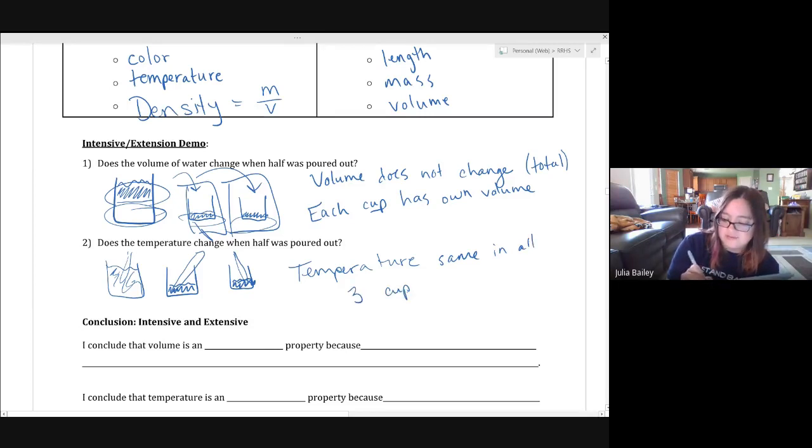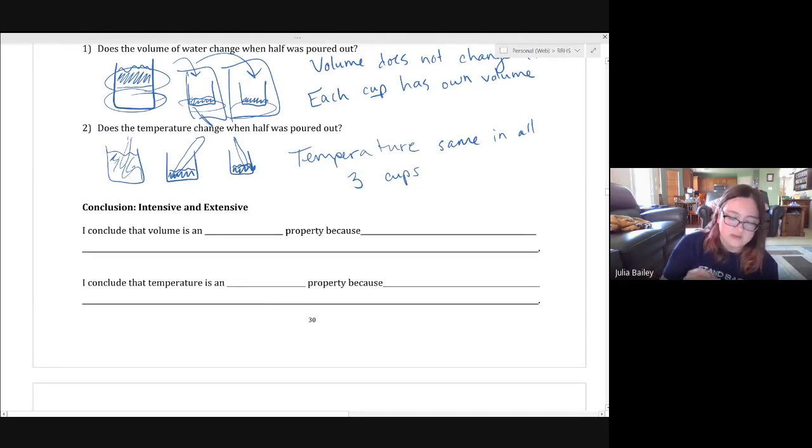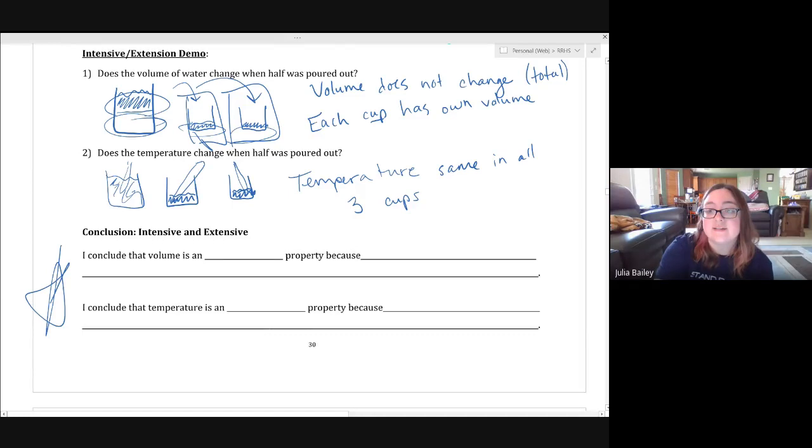How much you have does not change what the temperature is. And that's what tells you temperature is an intensive property. So you can answer these two yourself. Yeah, that's intensive and extensive properties.